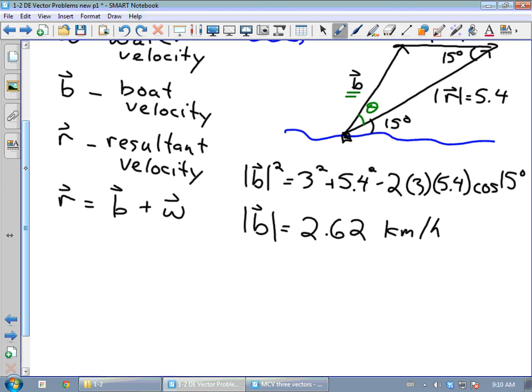We could use sine law, okay? But I'm not going to, because there's a possibility that I've drawn this diagram completely wrong. It doesn't tell us in this question whether b is supposed to be as I've drawn it, or b is supposed to be out this way like this.